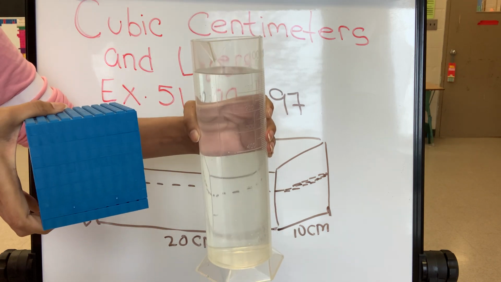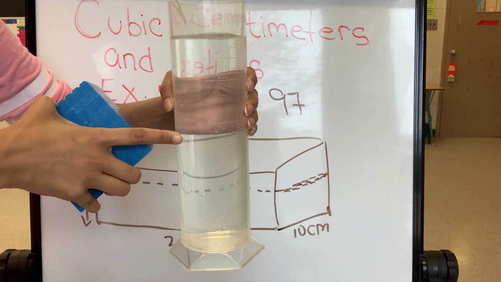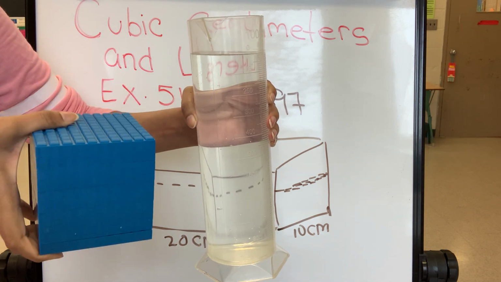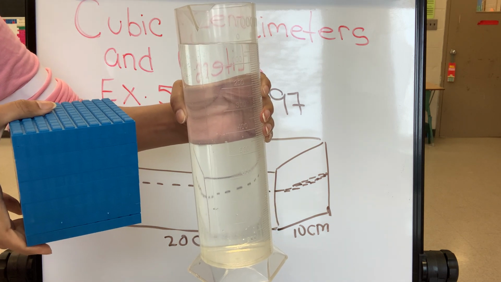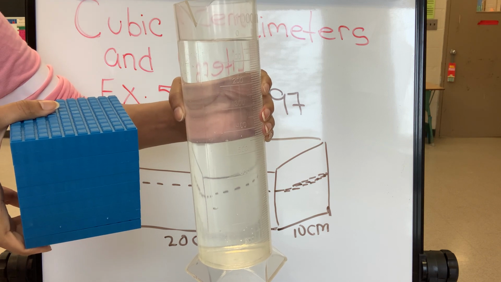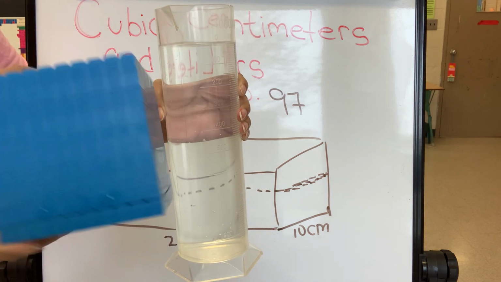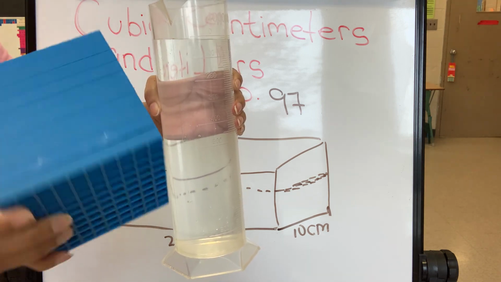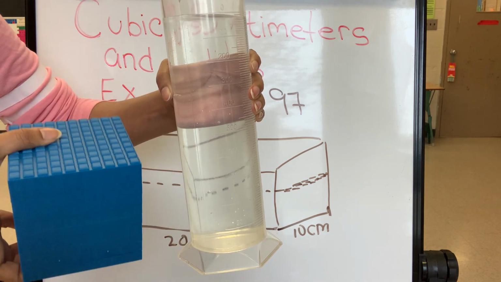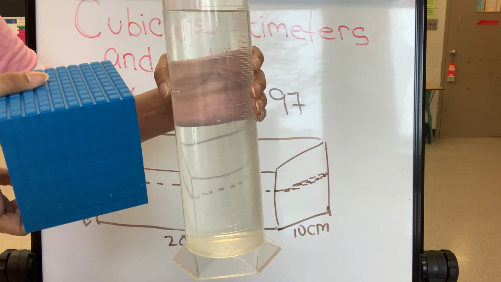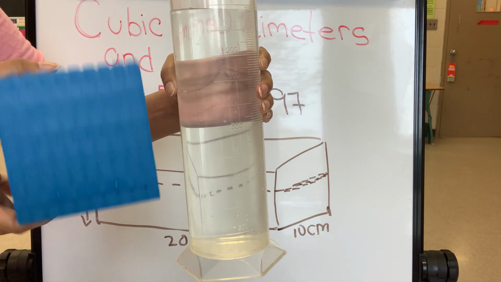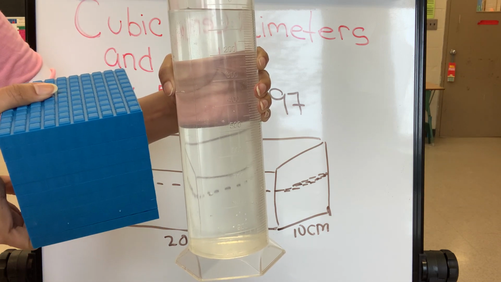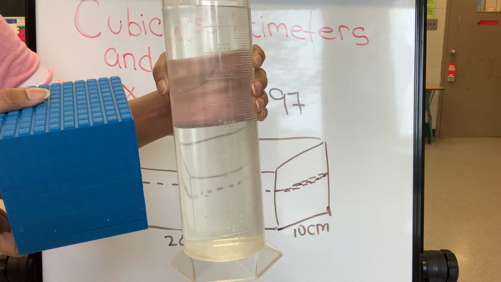Even though it seems like this definitely holds more water, actually, they're both the same. So these 1,000 cubes, I just counted them. If one is 100, I have 10 of these, so they make 1,000. So 1,000 cubes from a base 10 set can hold 1,000 milliliters of water.